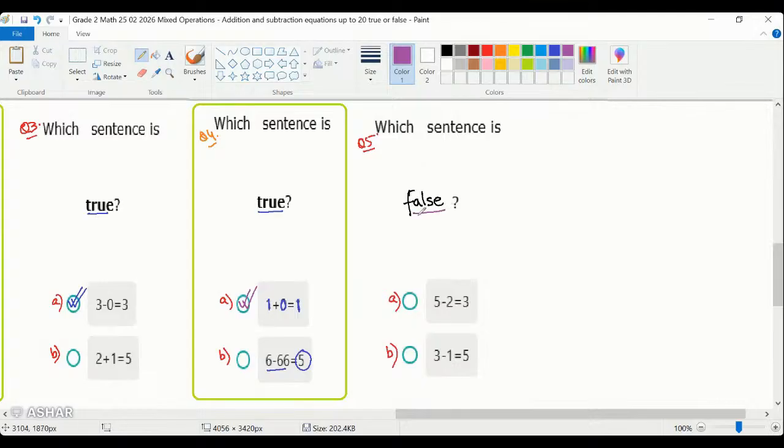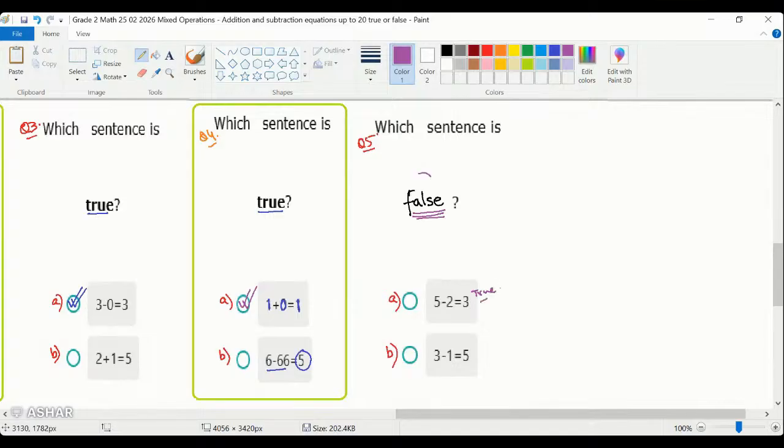Let's find the statement which is false. 5 minus 2 is 3, and 3 minus 1. Question number 5. 5 minus 2 is equals to 3, this is true, right?